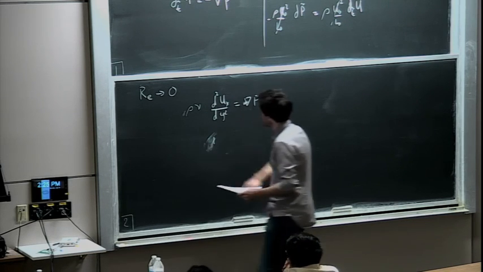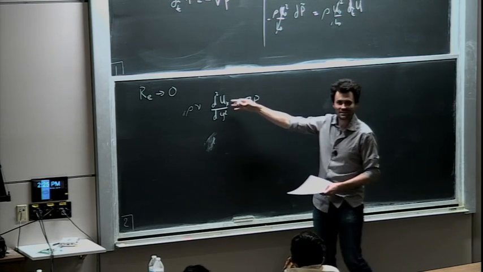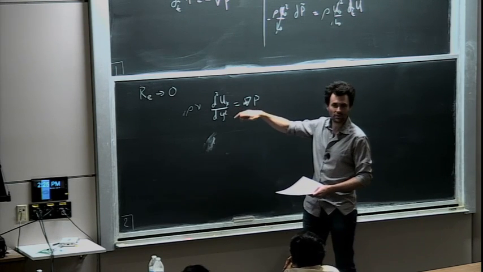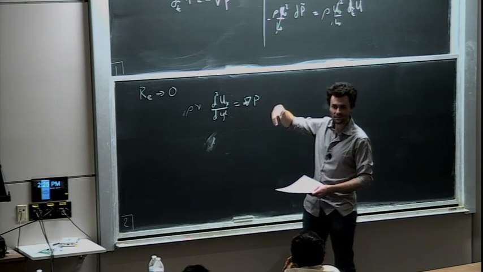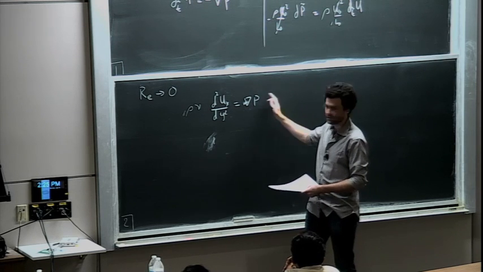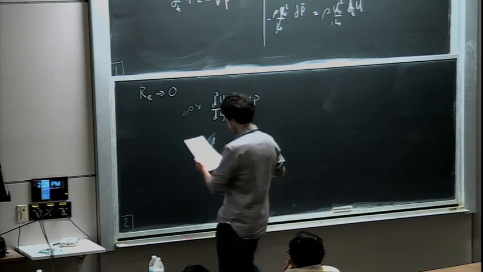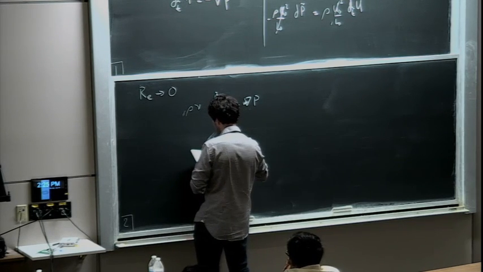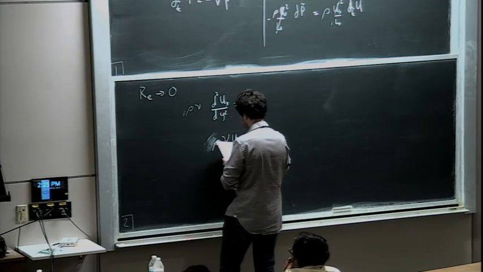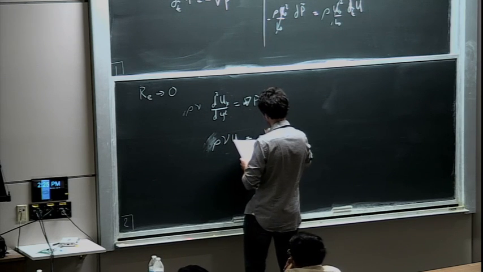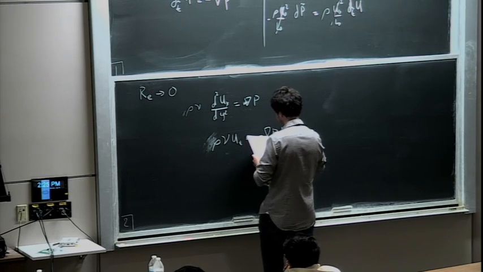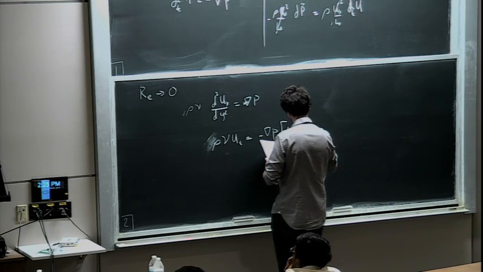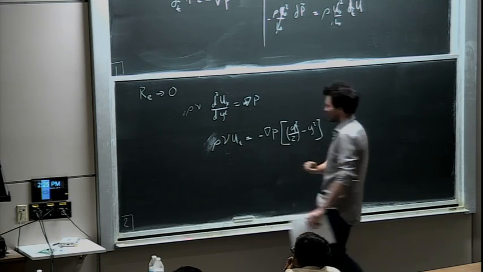So does anybody know how to solve this equation in general? This is just a constant driving term. So our solution is at most quadratic. So we have a DC term, we have a linear term, and a quadratic term, and then we're driving it. So the solution in general is going to be rho nu ux is equal to minus grad p times (a over 2) squared minus y squared.